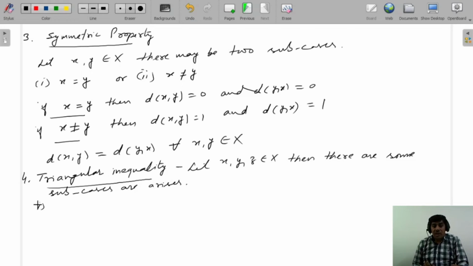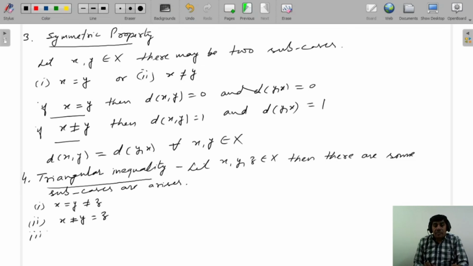The first subcase, x is equal to y does not equal z. Second, x does not equal y equal to z.